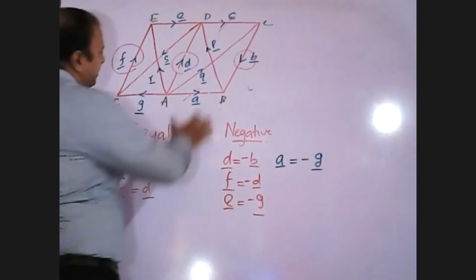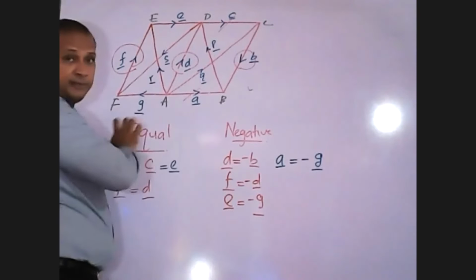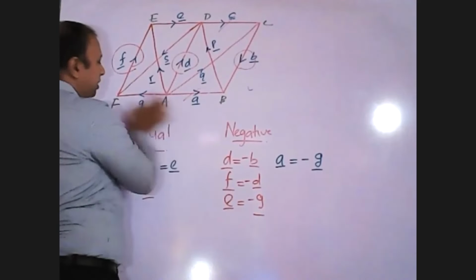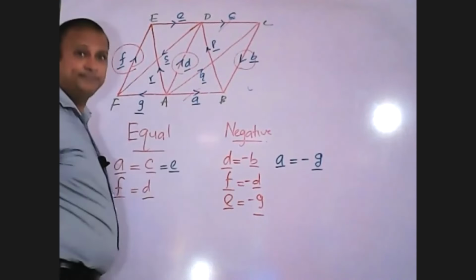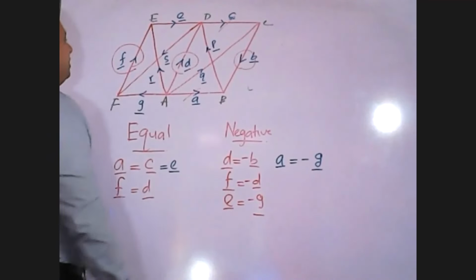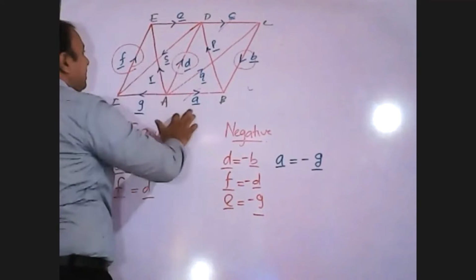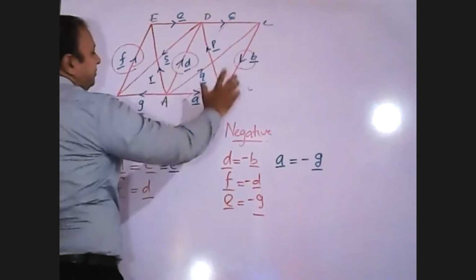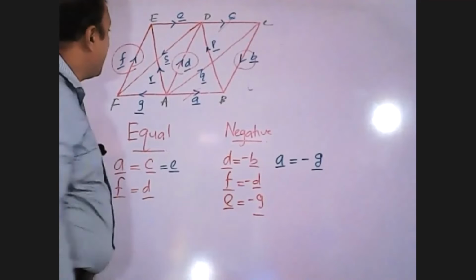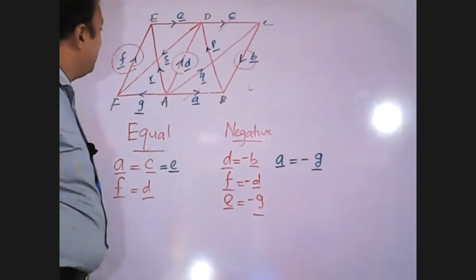You can see these two parallelograms are equal to each other, because I gave ABC equal to AF. Therefore, these two parallelograms are equal to each other. Therefore, this diagonal, AE diagonal and BD diagonal should be equal to each other and parallel to each other.